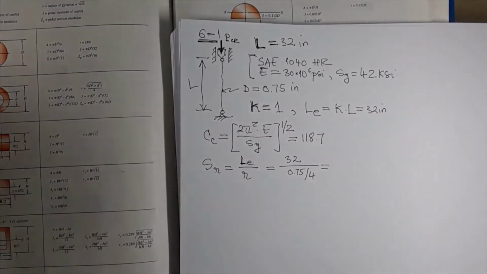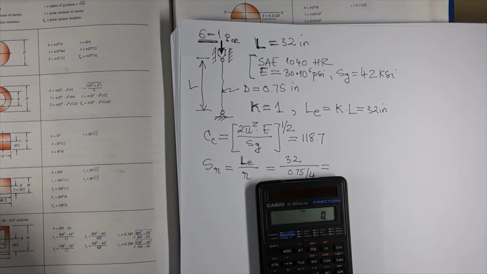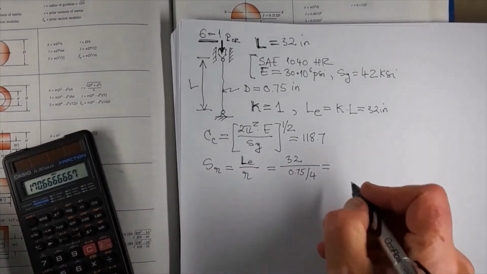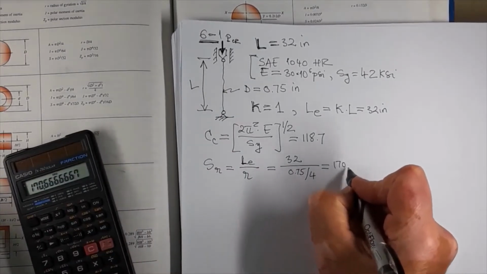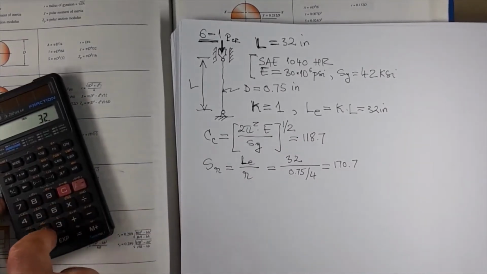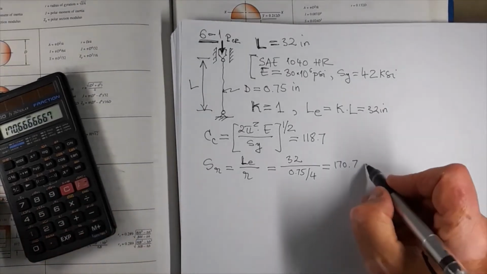Okay, so let's calculate this quickly. 32 times 4 over 0.75. It's 170.7. Okay, so one more time, 32 times 4 over 0.75 indeed.